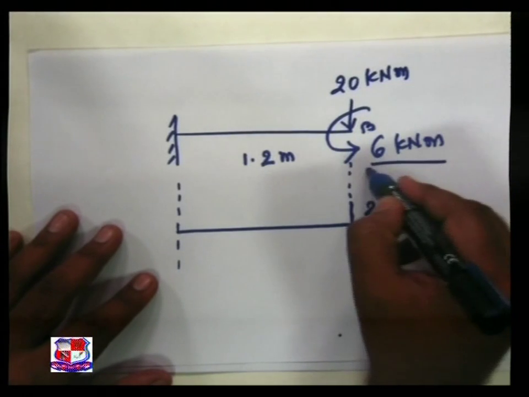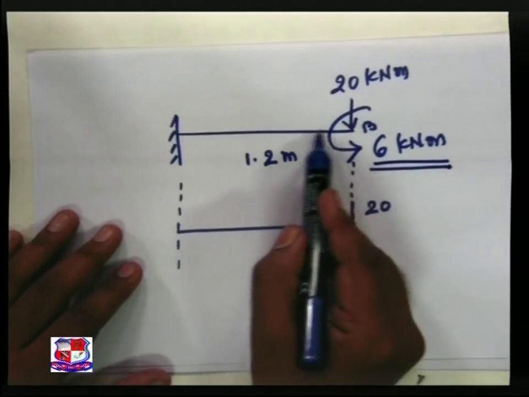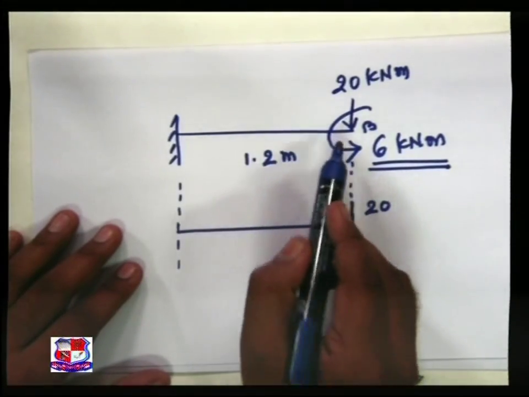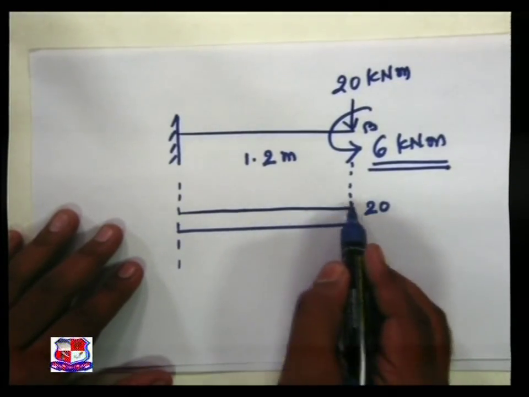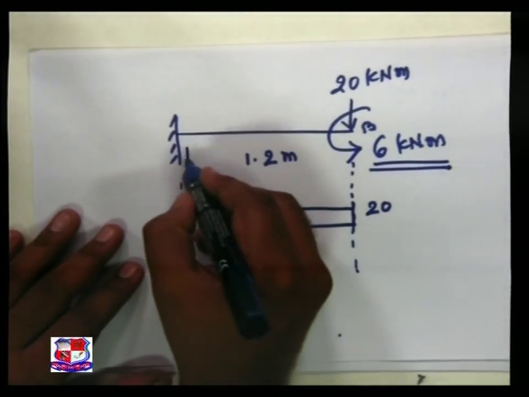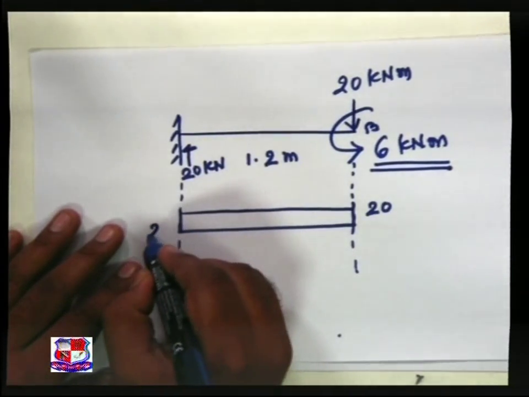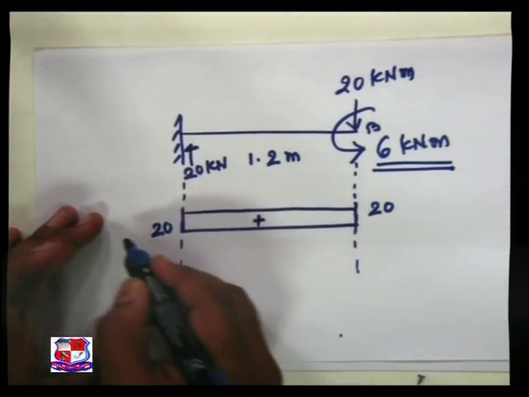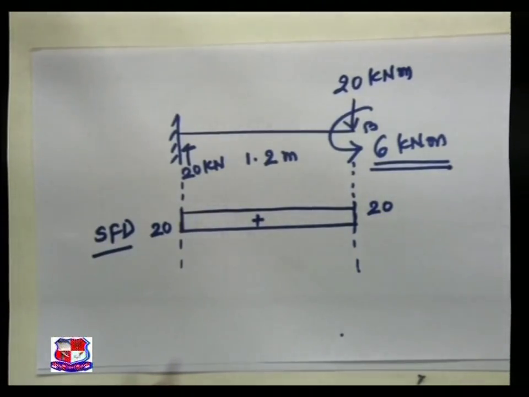No contribution of this 6 to the shear force diagram. No load is applied elsewhere throughout the length of the beam. The variation is a horizontal straight line, and the reaction is known to us, 20 kN. Sudden change there, plus sign. This is my shear force diagram.